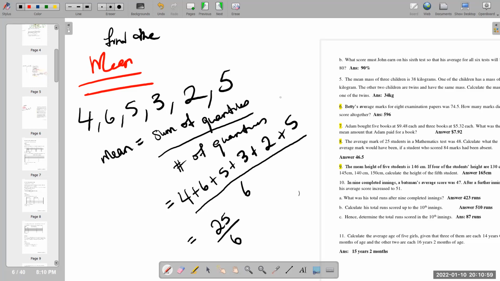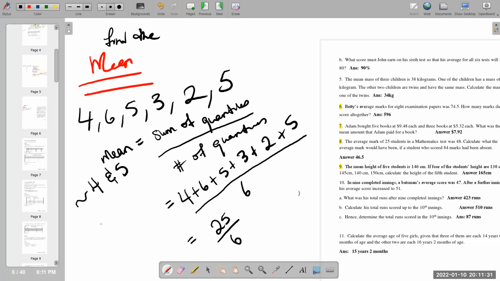So I know when I divide 25 by 6, my answer should be approximately 5. Everybody see what I mean? It should be close to. But guess what? Why would it be less than 5? Because we are dividing by a bigger number. So you know your answer should be between 4 and 5.